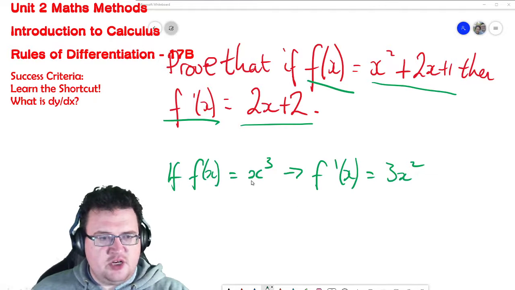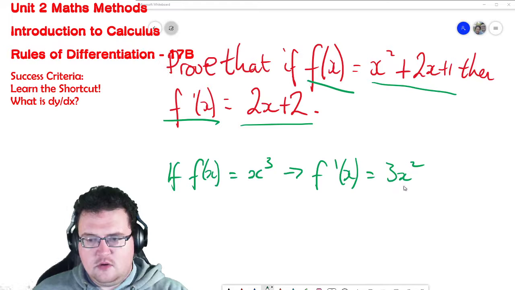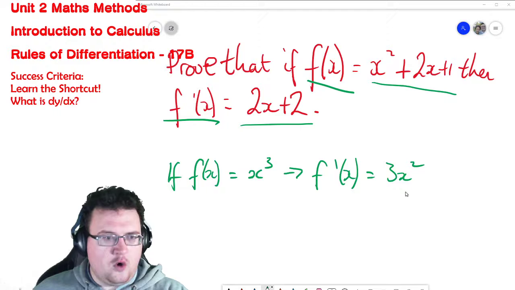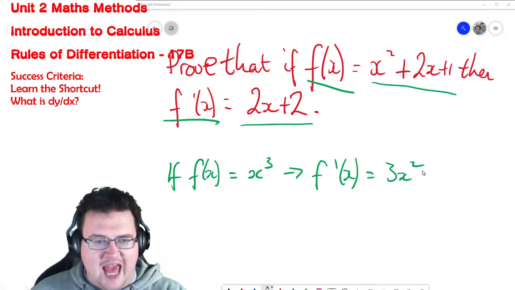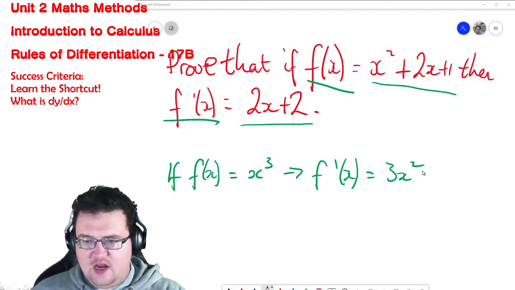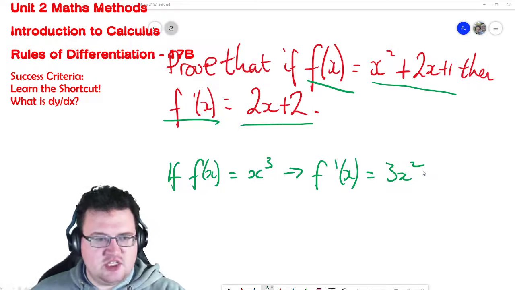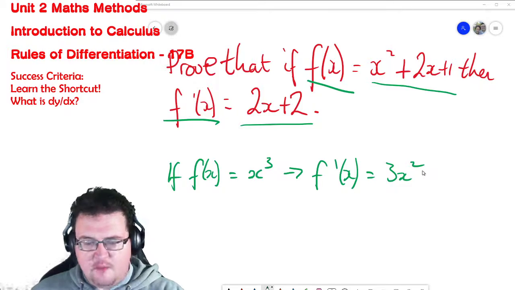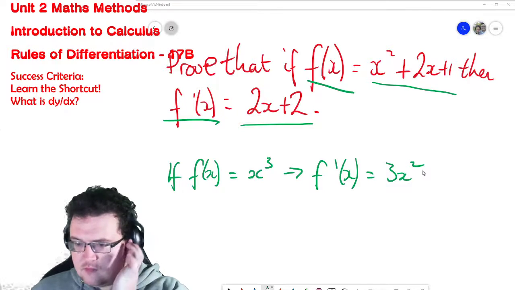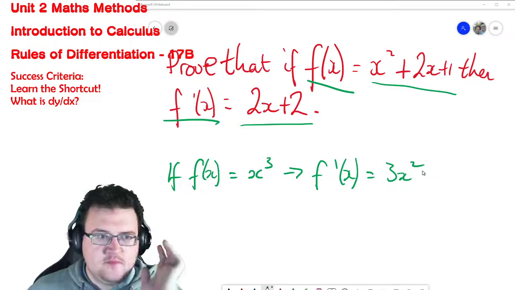The original is a cubic, but what's its derivative now? It's only a quadratic. So every time I take the derivative of something, what is happening to the order of that function? It's decreasing, but by how much? It's decreasing in power by 1 each time. Yeah, that's correct.